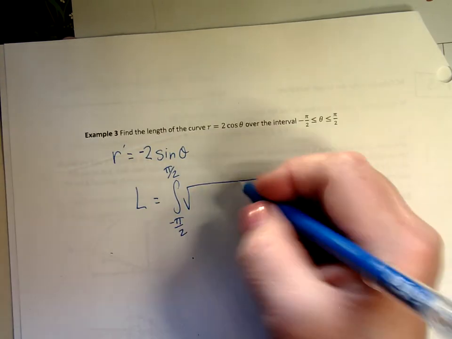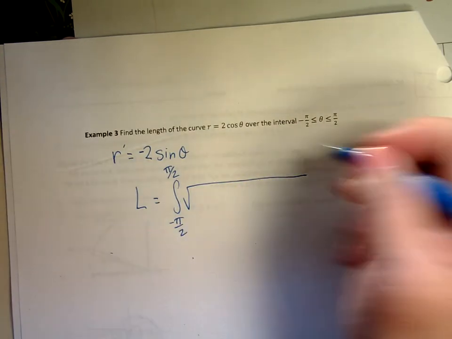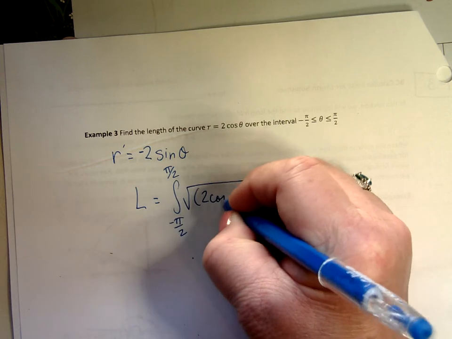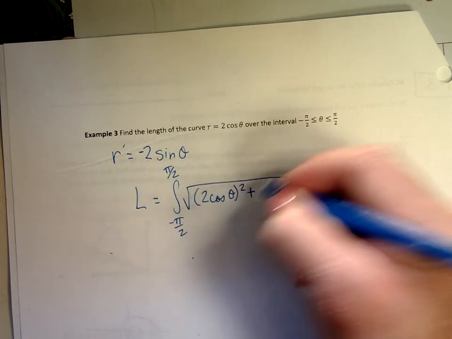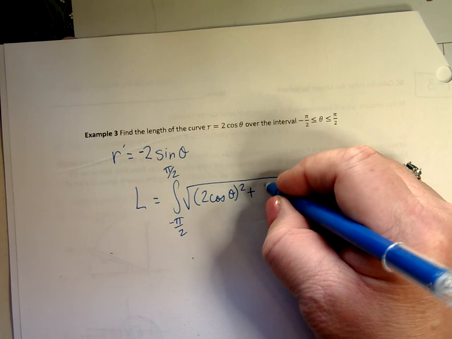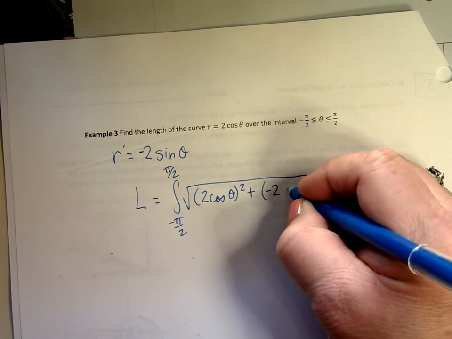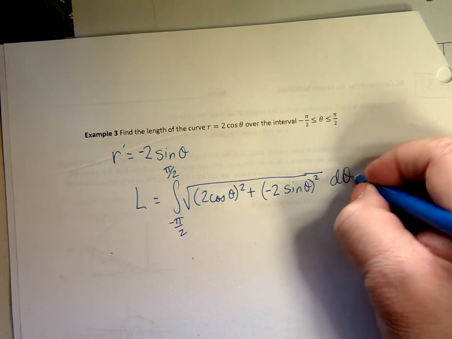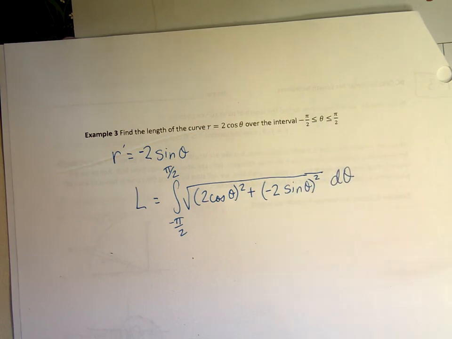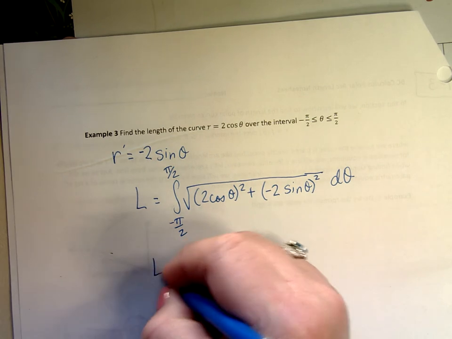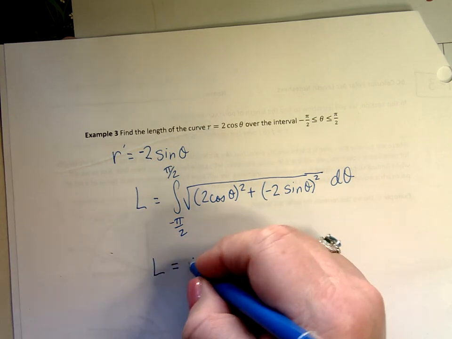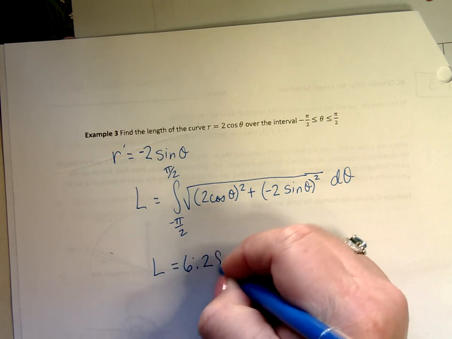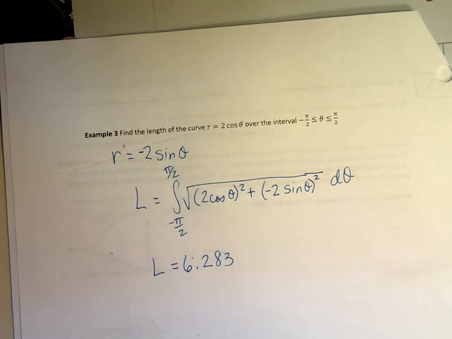And I want r squared, so 2 cosine of theta squared, plus r prime squared, so negative 2 sine of theta squared, and then d theta is outside of that. Go to your calculator and ask for the length, and it gives you 6.283. That's the arc length formula.